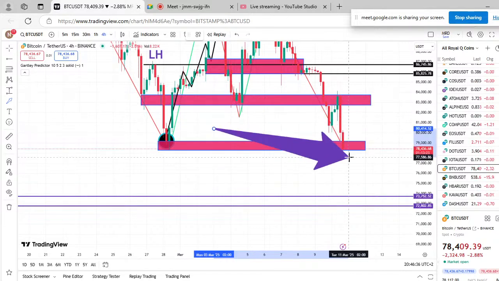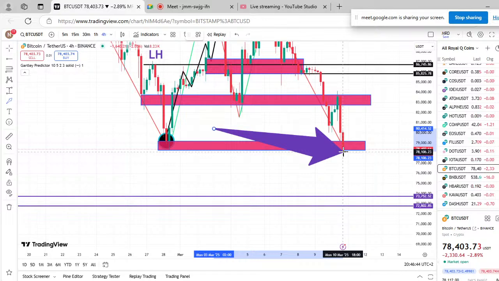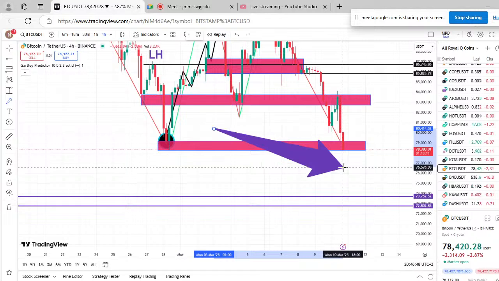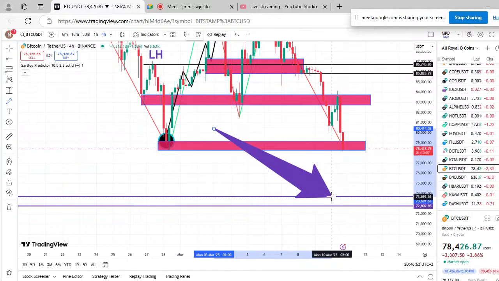So we are dropping to form a new lower low at this point. But my friend, if we break this point and we stay below it, automatically it is coming to 70, 73. So we just play such that we don't keep below this line.